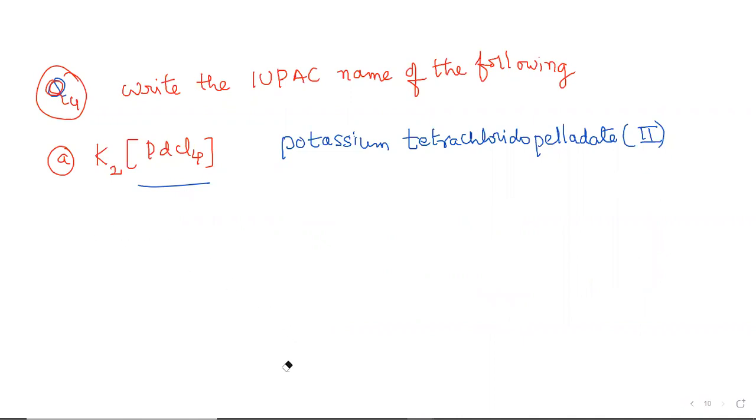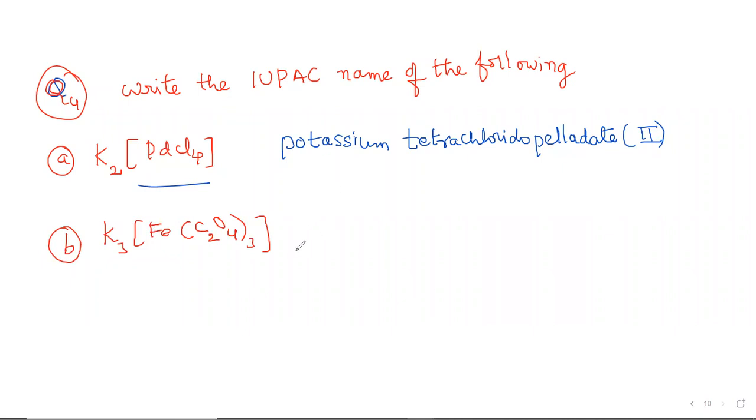Next question, we'll see B. The formula is K3[Fe(C2O4)3]. This is the formula given to us.